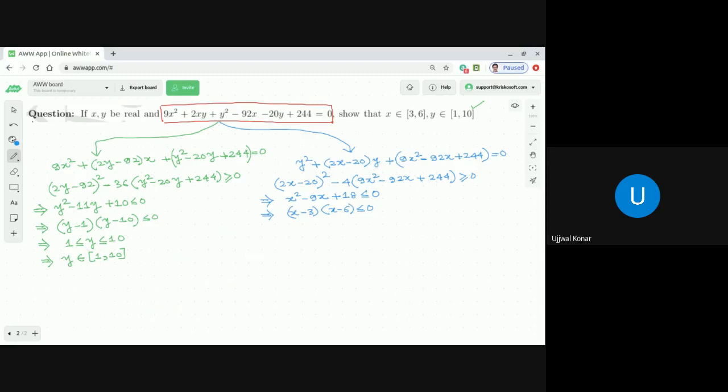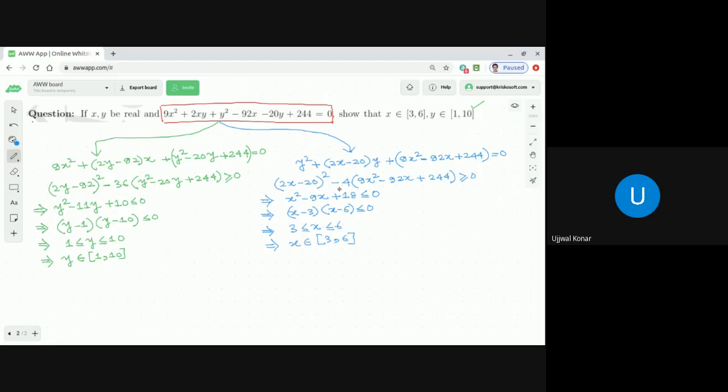So here, 3 is minimum and 6 is maximum. So we can write 3 less than equal to x less than equal to 6, or x belongs to the closed interval 3, 6.